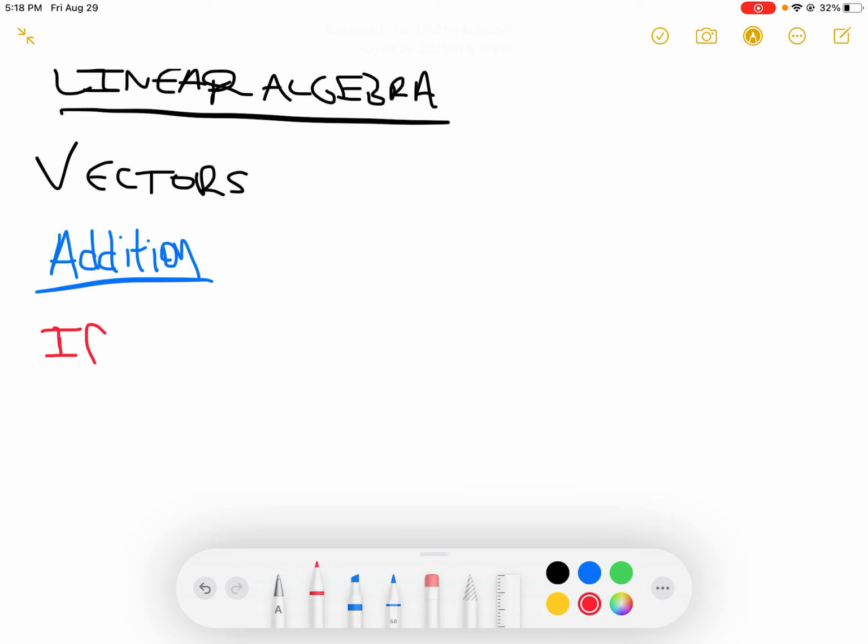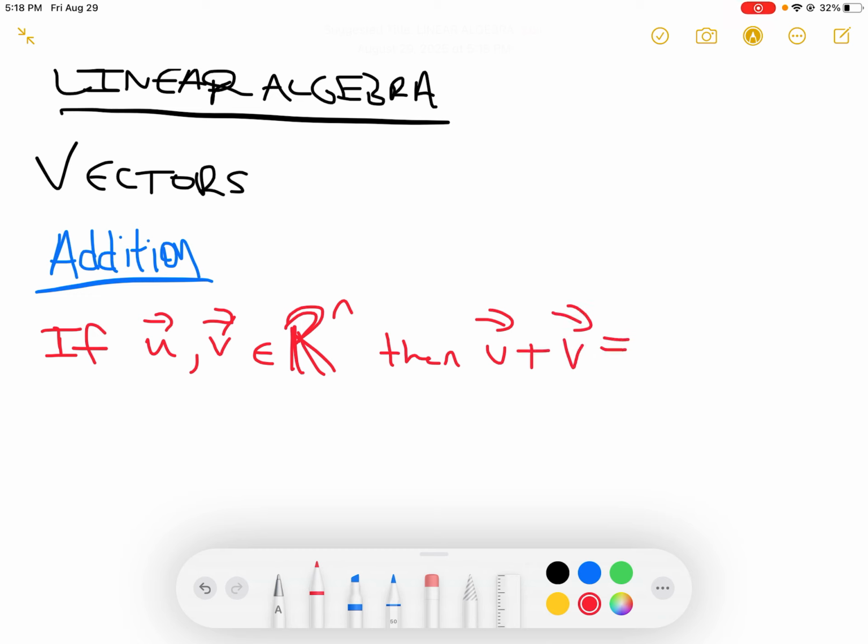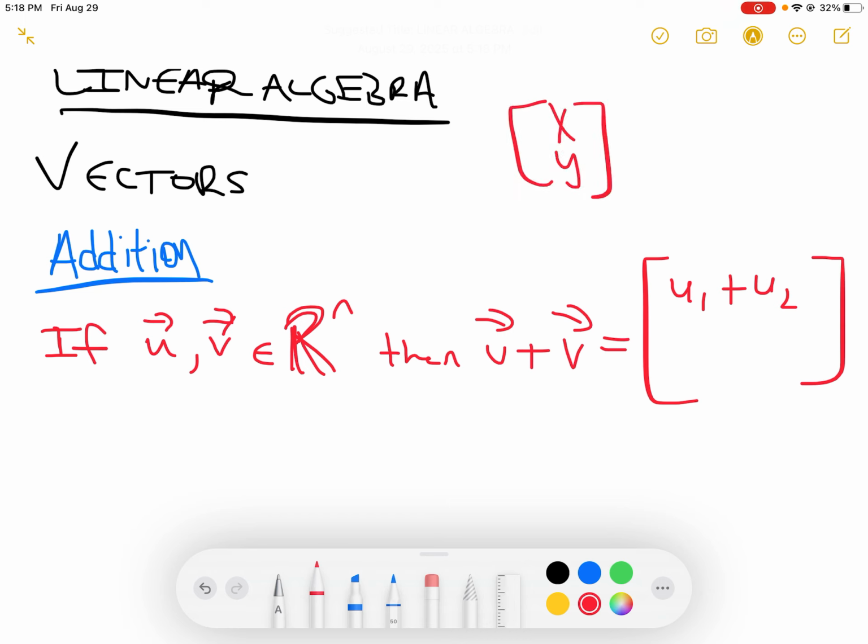If the vectors u and v exist in the same dimension, then u plus v is going to be the components of them added. So if you noticed in the example I showed before, we just had x and y. You can definitely have more than that. You could have x, y, z, or just u1, u2, u3, u4, all the way to un. So this is going to be what we'll get here.